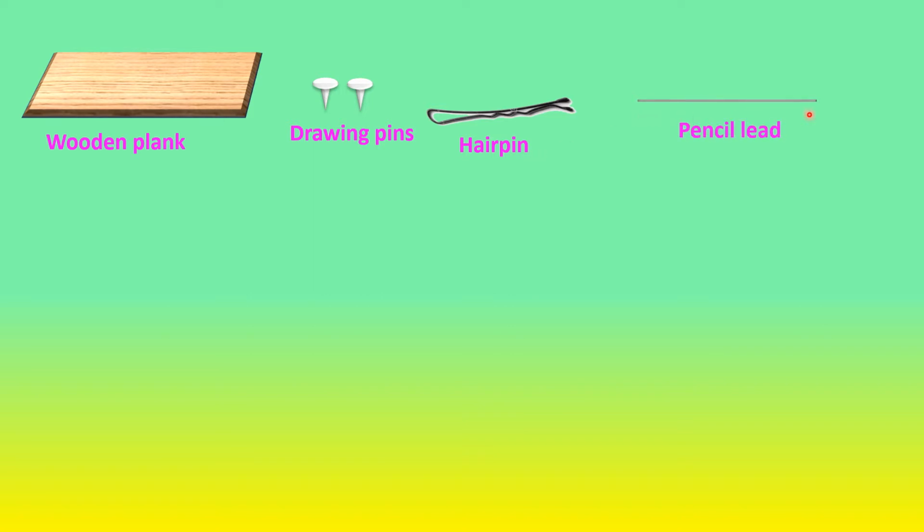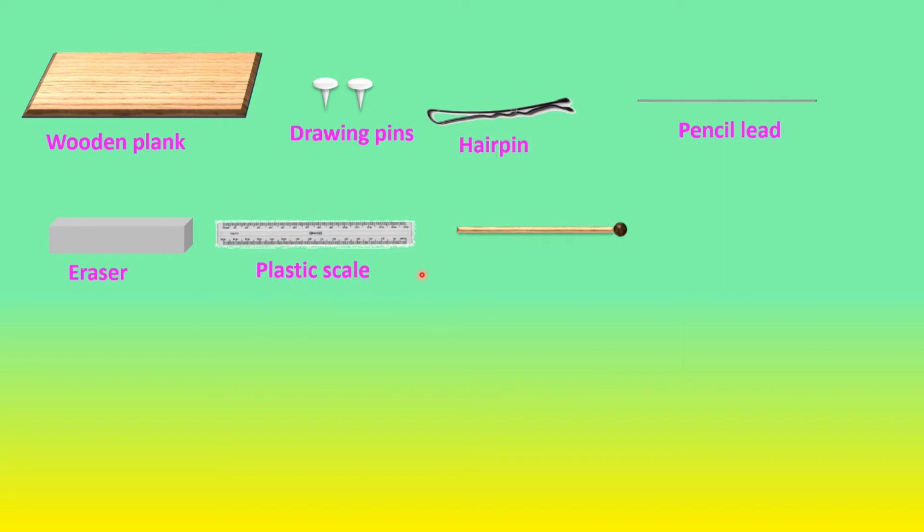This is the wooden plank, drawing pins, hairpin, and this one is the pencil lead, eraser, plastic scale, matchstick. Whatever the material I told you, here I am showing.